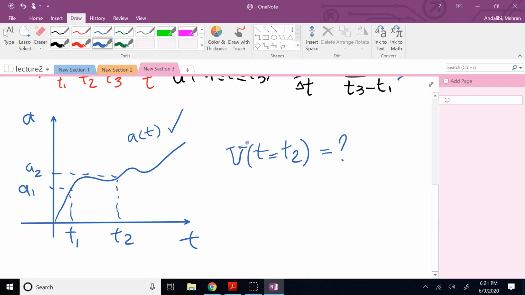No. You need one more thing to do that. If you want velocity at any time point, not only do you need to know a as a function of time, you also need to know the velocity of the particle at another time point. So let's say at t equal t1, I know how much the velocity is. So I know this number.